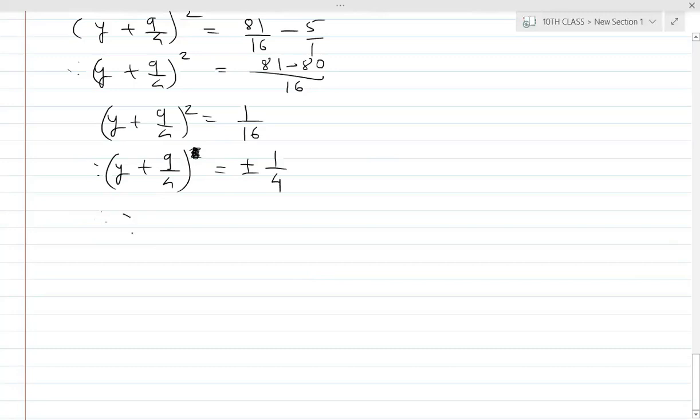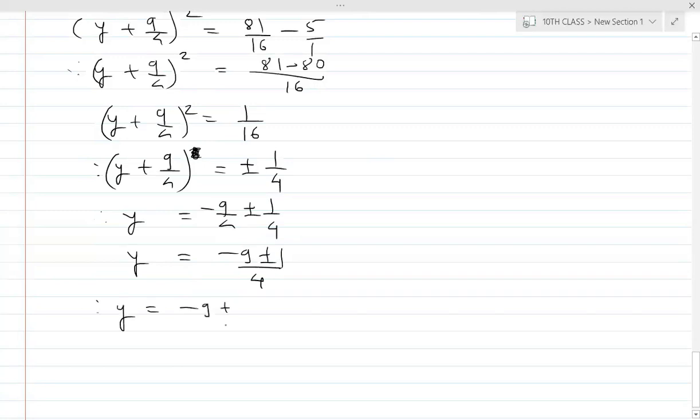So y becomes minus 9 by 4 plus minus 1 by 4. Let's solve this: minus 9 plus minus 1 upon 4, because the denominator is the same. Now we write two values of y: y equals minus 9 plus 1 upon 4, or y equals minus 9 minus 1 upon 4.